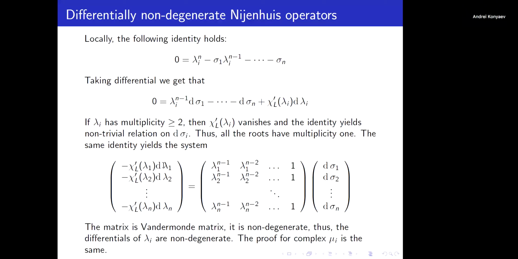We showed that at a general differential non-degenerate point, you have a structure like this. It means that those eigenvalues are pairwise distinct and their differentials are independent. You can take them as coordinates if you have a Nijenhuis operator. And it says that our differential non-degenerate geometry is a gluing of very, very simple geometries, because we had different diagonal geometries, if you remember, when eigenvalues are not constant, but there are some powers.